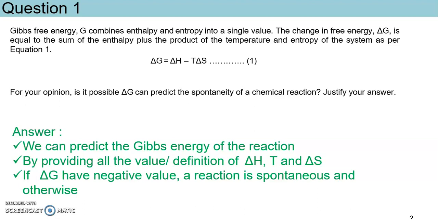If we get a negative value of delta Gibbs energy, it is spontaneous. If we have a positive value of the Gibbs energy, it means our chemical reaction is not spontaneous.